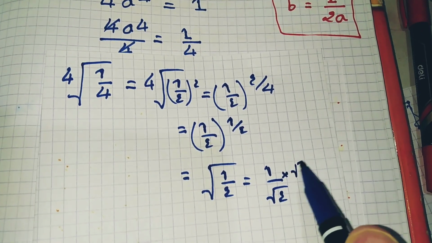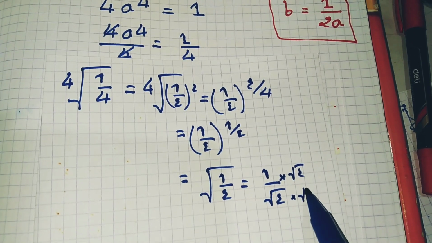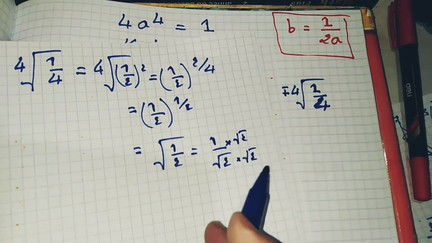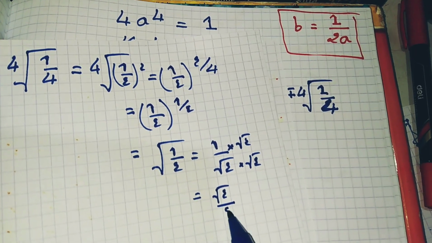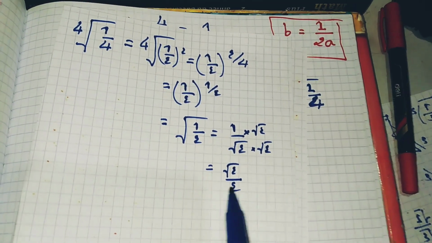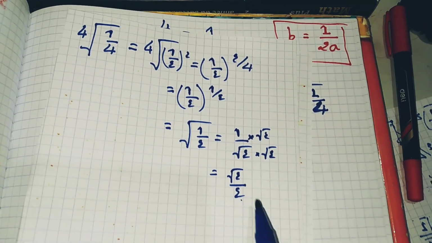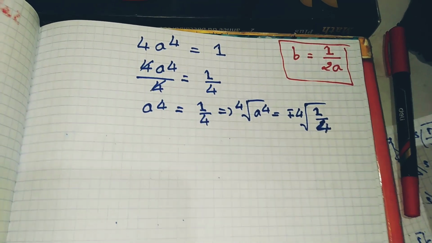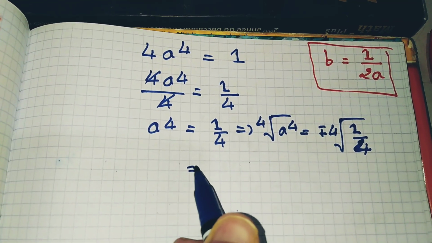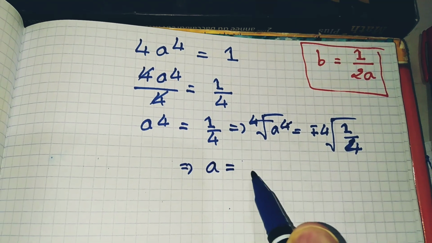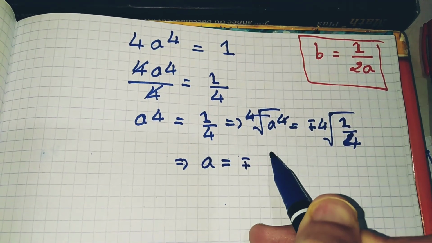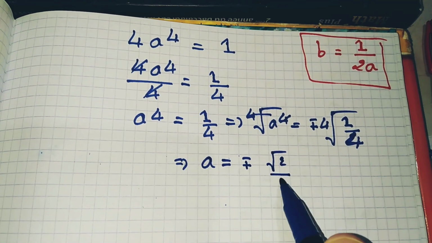Multiply both numerator and denominator by square root 2, so this is equal to square root 2 over 2. So a is equal to plus or minus square root 2 over 2.